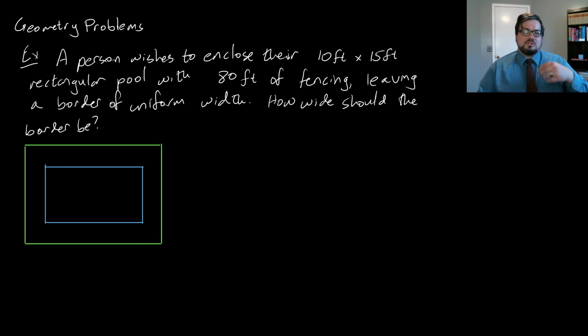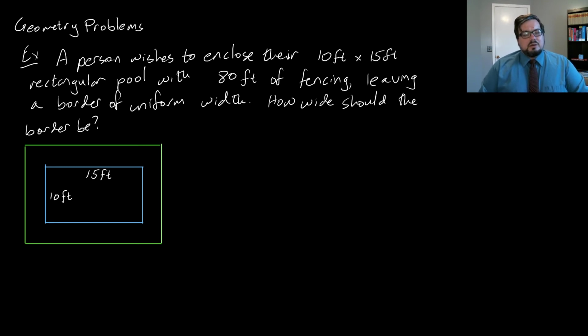That's okay. We just need sort of a cartoon of what's going on in the problem. And even before we do anything else, we can start here and we can start labeling what we know. So we know that the pool is 15 feet by 10 feet.